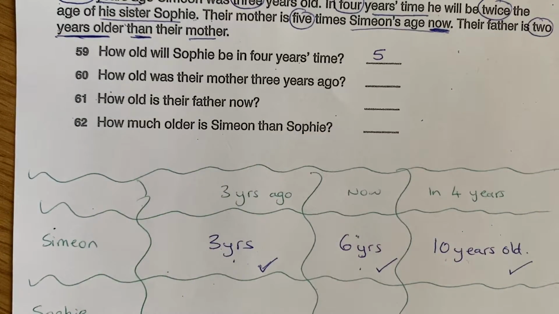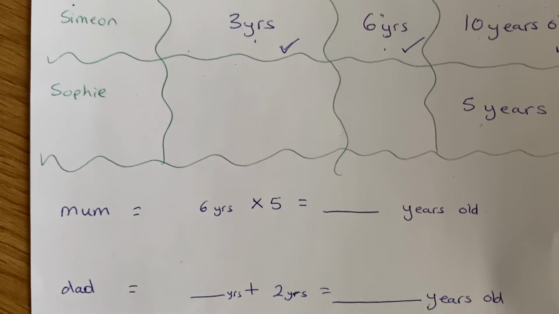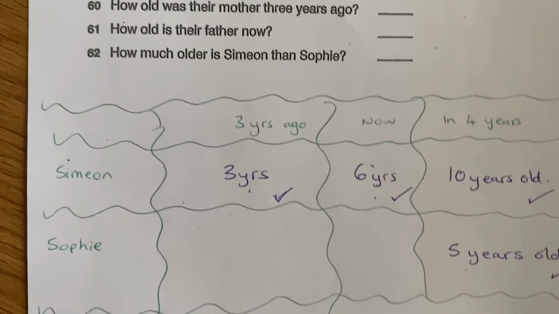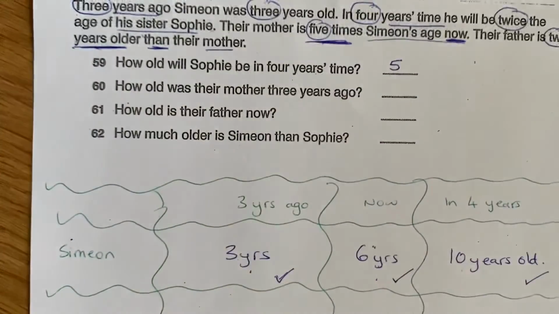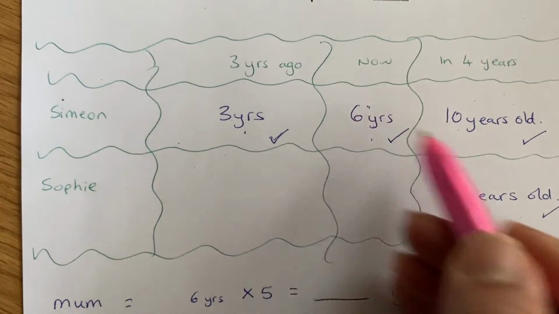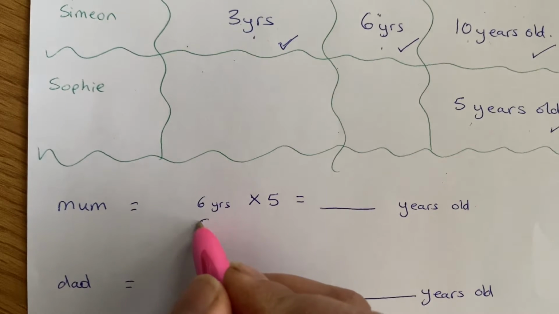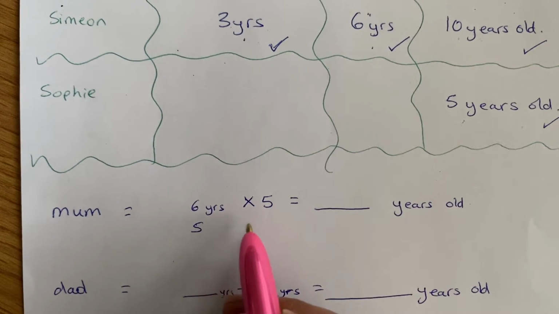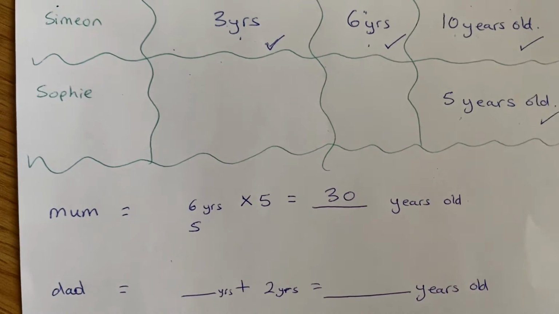How old was their mother 3 years ago? 3 years ago, right. So it says that their mother is 5 times Simeon's age now. So if he is now 6, that means we've got to do 6 years old, because that's Simeon's age. 6 years times 5, which will give me 30 years old.